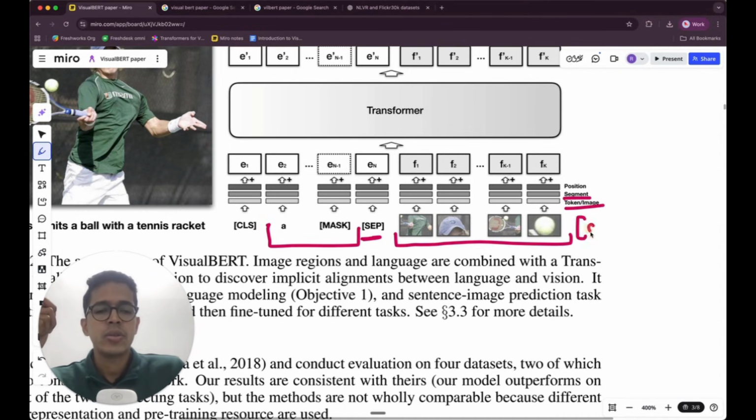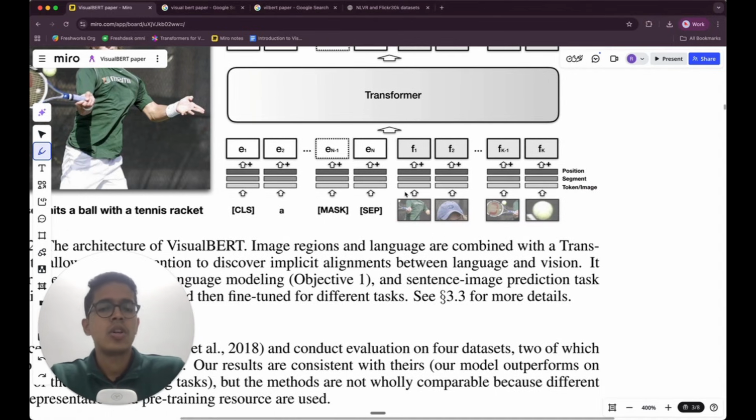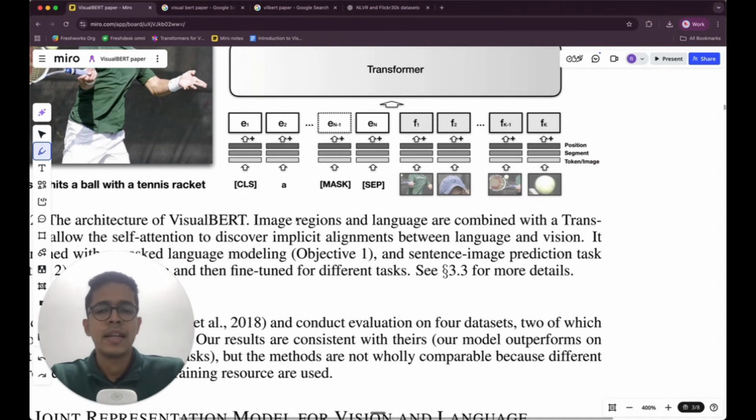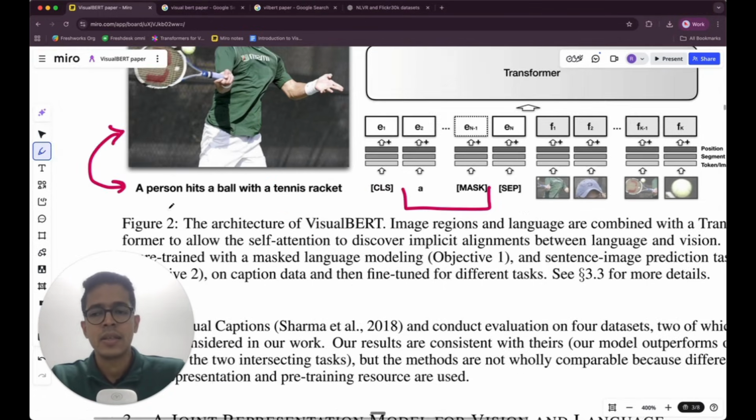And at the end also there may or may not be a separator token. So here also it's more or less the same, except it's not two sentences, it's one sentence and an image. So everything here corresponds to the sentence. Now I'll come to why we have this mask token, but this is the sentence which describes the image.